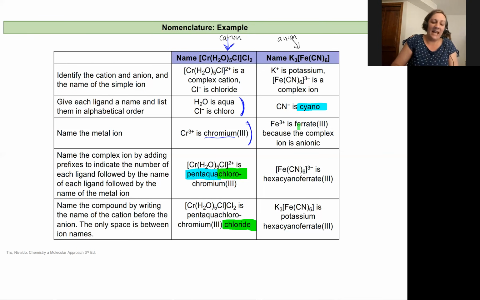Because this is an anion, it's going to be strange. I have to look it up. It's going to be ferrate. I'm still going to put that charge in parentheses with Roman numerals. It's +3, so an oxidation state of 3. And then I'll put that together for the complex ion. So I have 6 of those cyanide ions, so it'll be hexacyano, ferrate 3. Then I'll put it together with my counter ions, which is the potassium. So it'll be potassium hexacyanoferrate 3. Woo, they're mouthfuls.